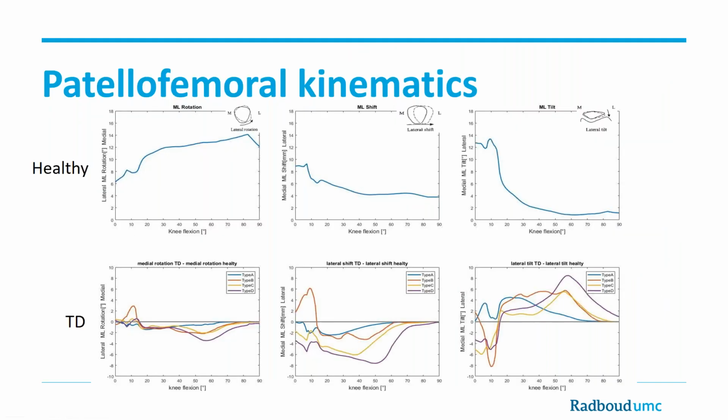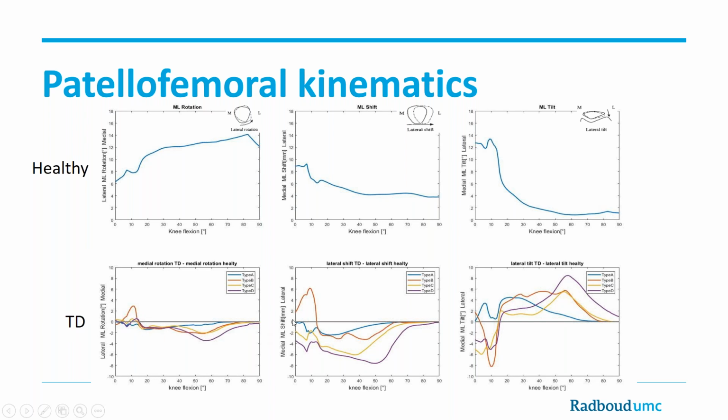We can also assess kinematics of the patellofemoral joint, and compare different types of trochlear dysplasia models. If we see the healthy row, these are the medial lateral rotation, medial lateral shift and tilt of the patella. If we take this as reference, we can calculate the relative rotations and translations of the patella in the trochlear dysplasia cases.